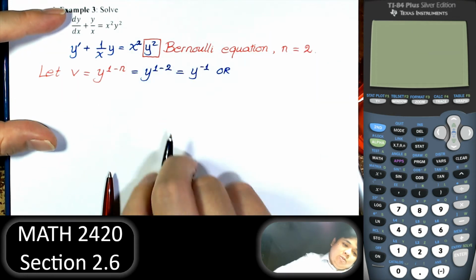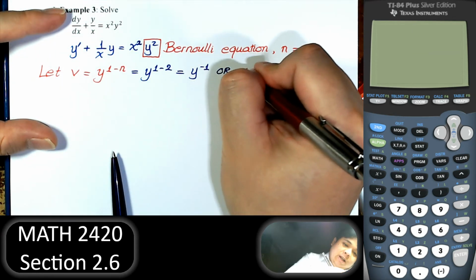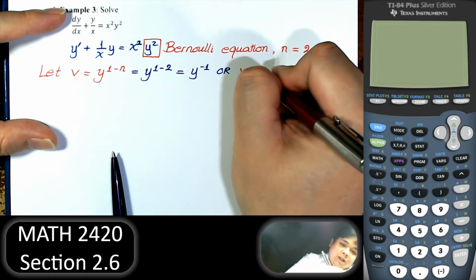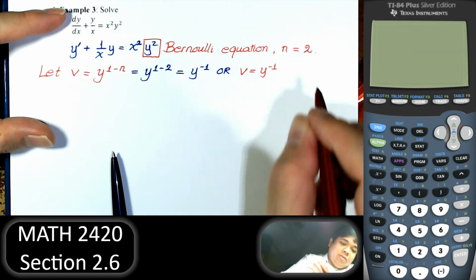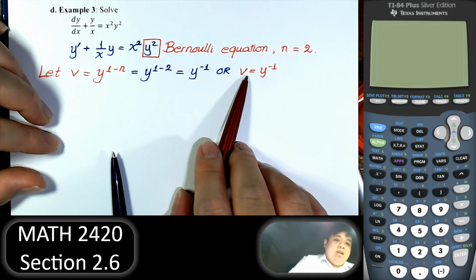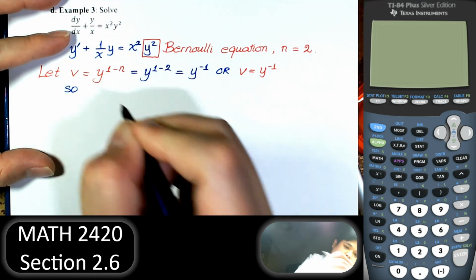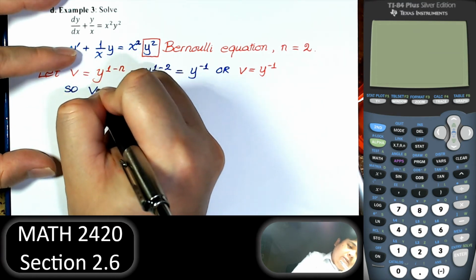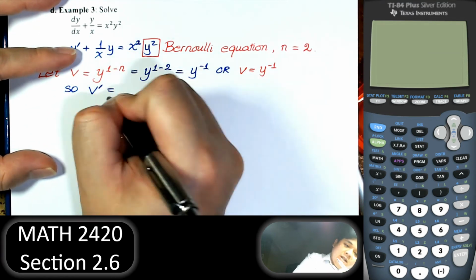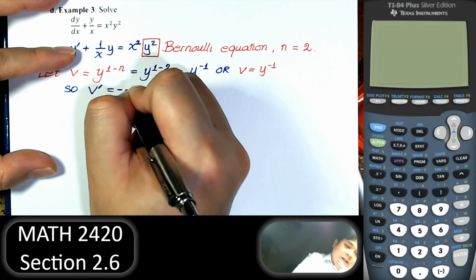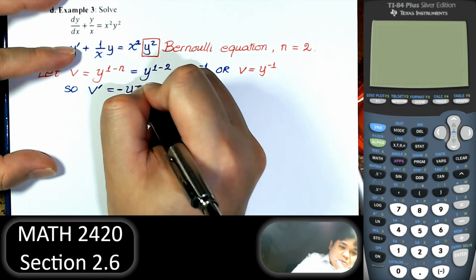Or we just say v equal to y to negative 1. Right. Now we will take the derivative of this. v prime. Derivative of this is take down the negative 1, original power minus 1.